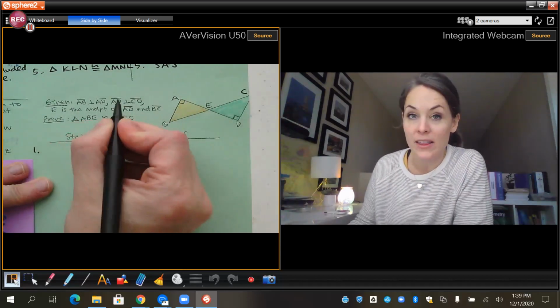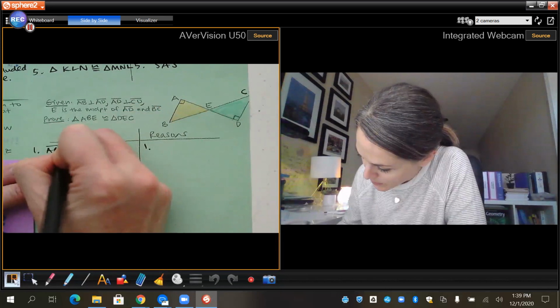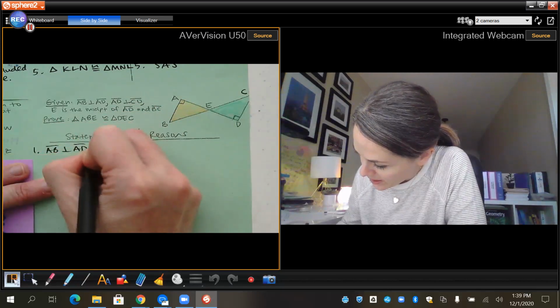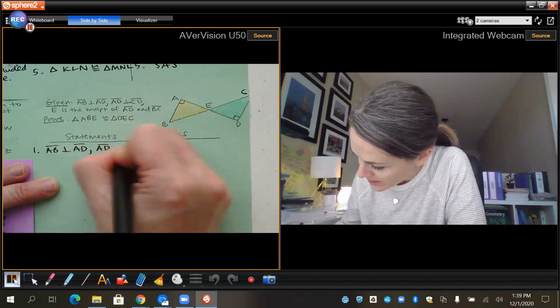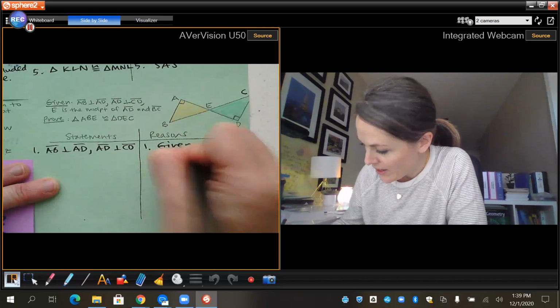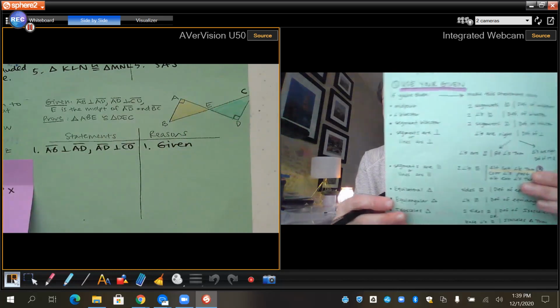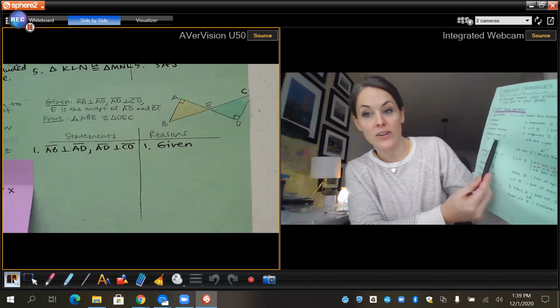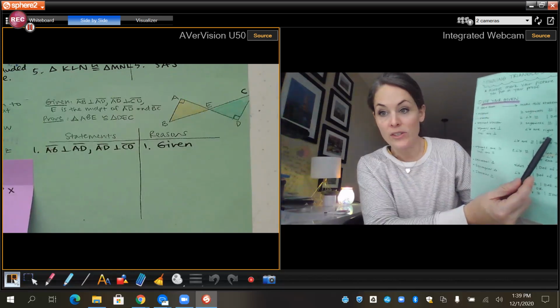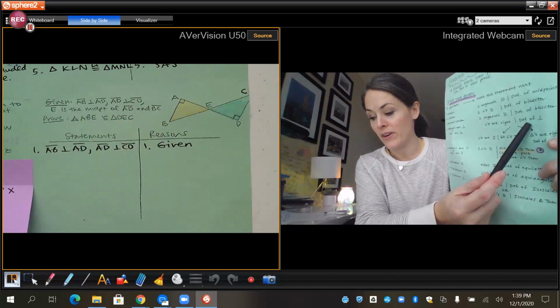They are both stating that segments are perpendicular. So I'm going to do segment AB is perpendicular to segment AD, comma, segment AD is perpendicular to segment CD by given. So you can look at this, right, and you could say if there's perpendicular, the next thing you can do is you can state that angles are right by definition of perpendicular, okay?